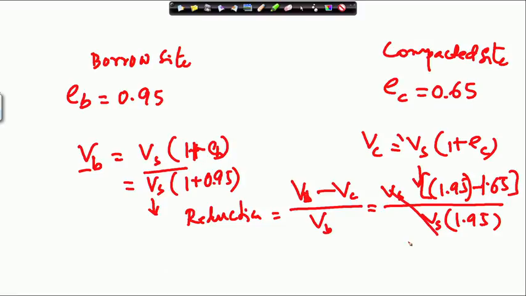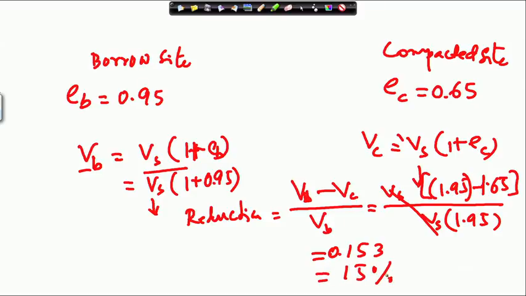So, this Vs gets cancelled. So, (1.95 minus 1.65) divided by 1.95. This if you do, then this gives you 0.153, and that means it is nothing but 15%.